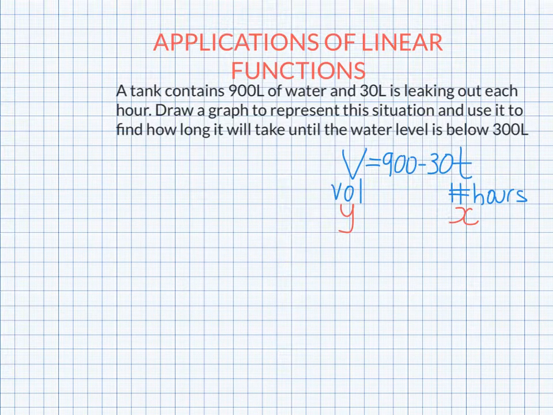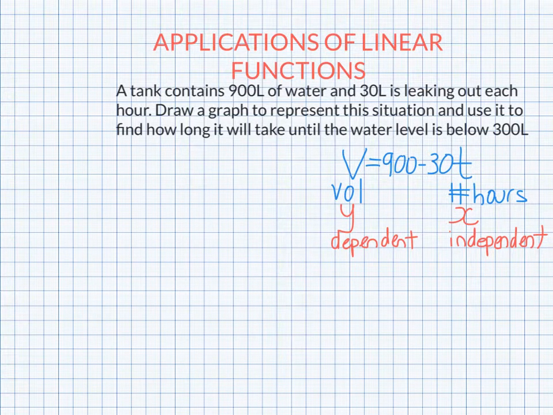But the amount of water in the tank, the volume, depends on the amount of time. The amount that moves out of the tank is limited by how much time has passed. So the Y variable, in this case the volume, is dependent on time, and the X variable, which is T, the number of hours, is the independent variable, because it doesn't depend on anything else.